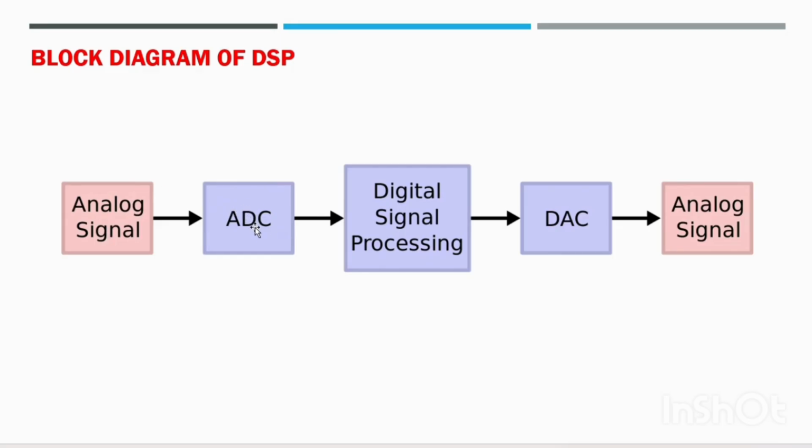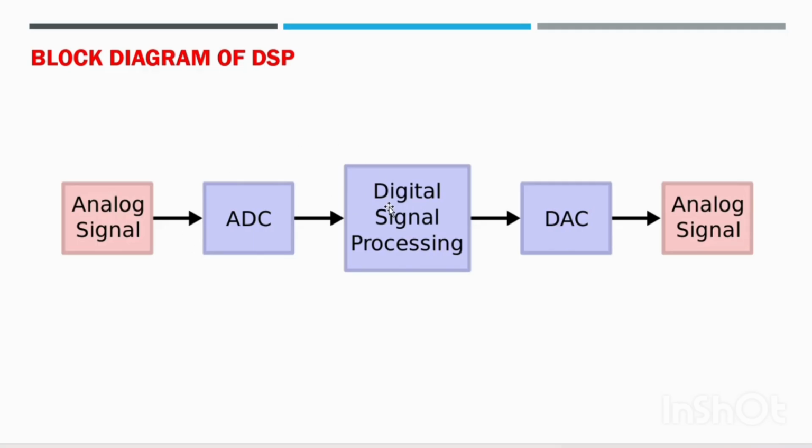ADC refers to analog to digital converter, which converts the analog signal to a digital signal. You can think of the ADC as a translator that takes the analog signal and translates it into digital numbers, in order to make computers understand the signal.